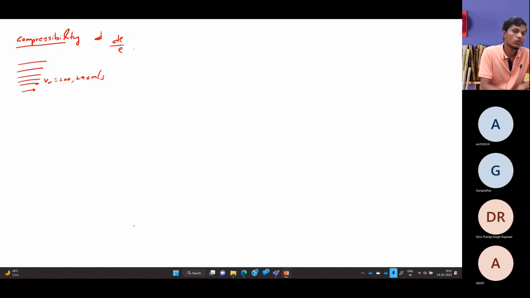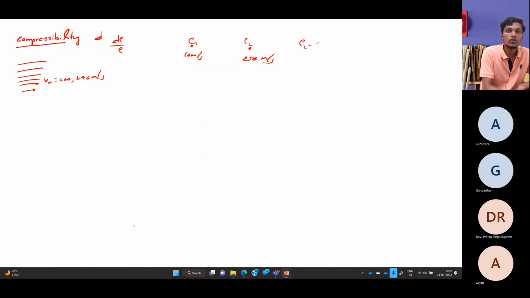Consider d rho by rho. Suppose my velocity at this point is 10 meters per second. If it is accelerated, even slowly, up to 250 meters per second, because of this high acceleration my density changes from rho 1 to rho 2.